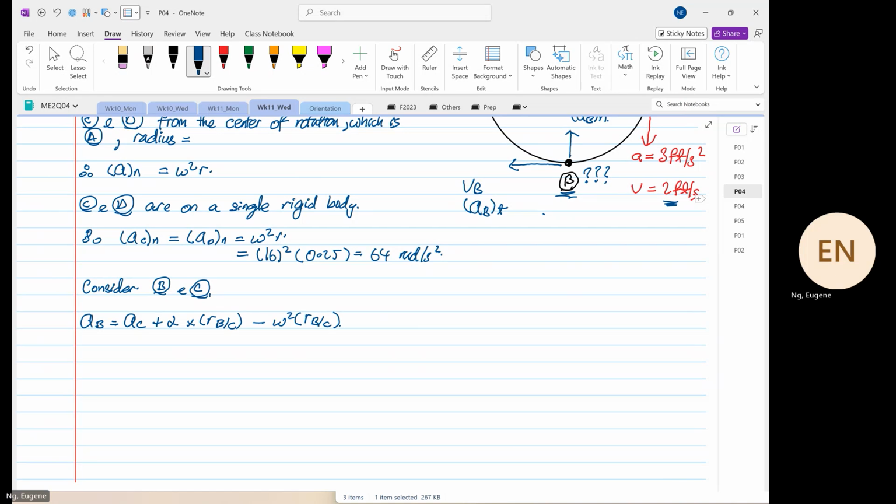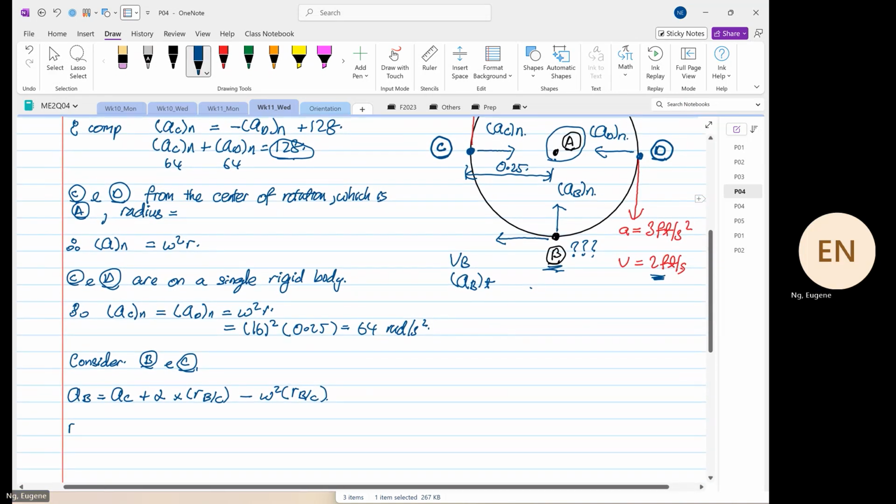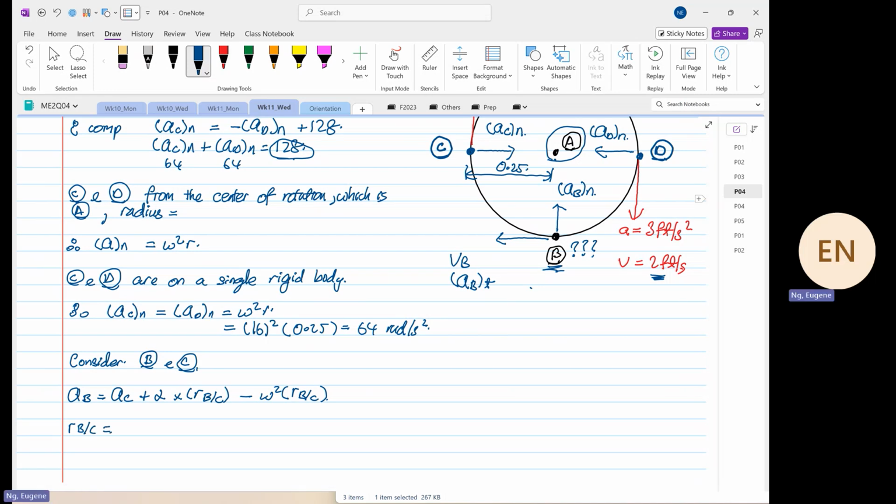So if we look at RB, point B from point C, it's equal to 0.25 I minus 0.25 J. That is our point B from C, because the radius is equal to 0.25.